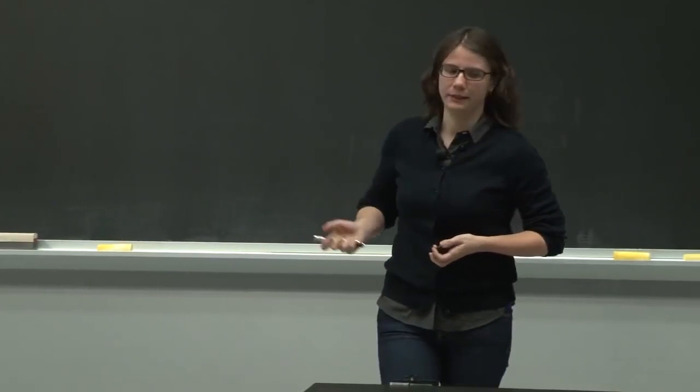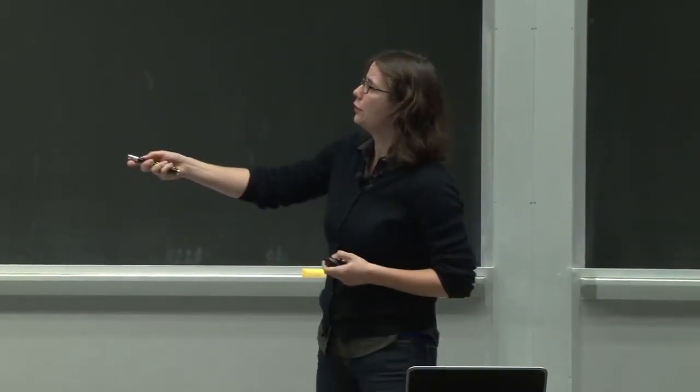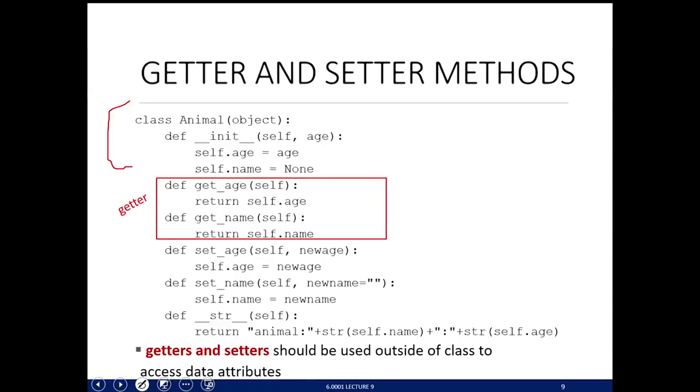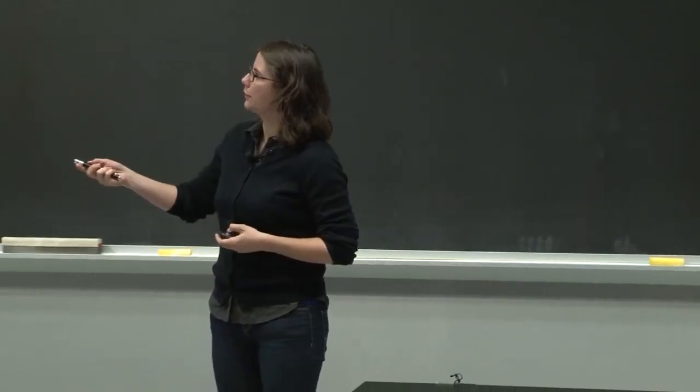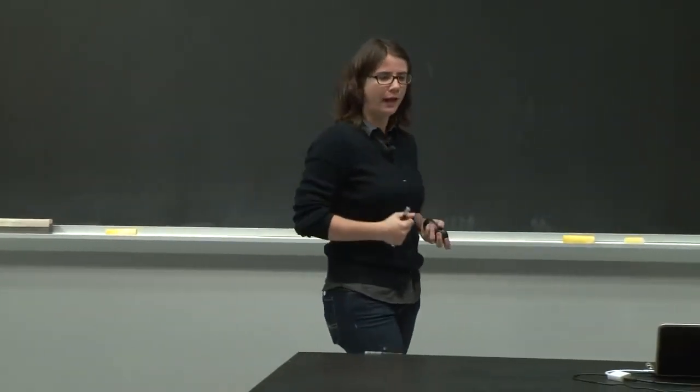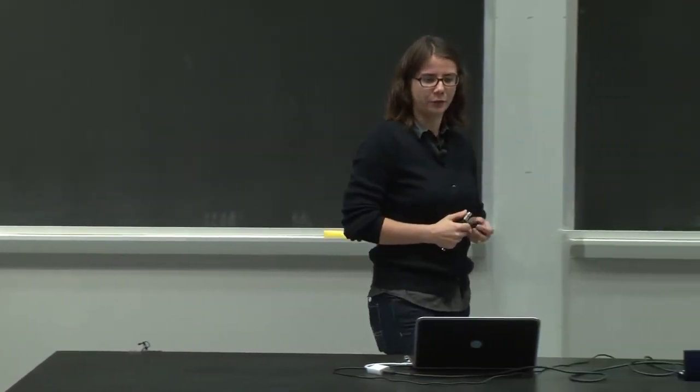There's a few other methods here that I've implemented. Next two we call getters, and the two after that we call setters. Okay? And getters and setters are very commonly used when implementing a class. So getters essentially return the values of any of the data attributes.